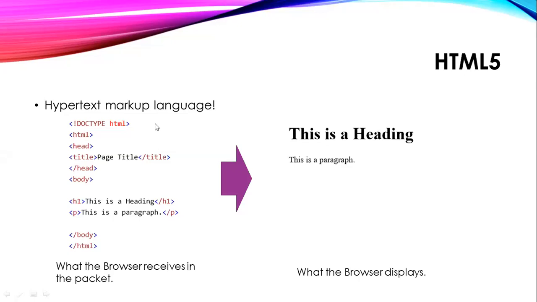But in reality, the format of HTML looks more like this. It'll have something called a doc type, an HTML, a header. And as you can see, if you remember, I said it's a markup language. So it has tags. That's basically what a markup language is.